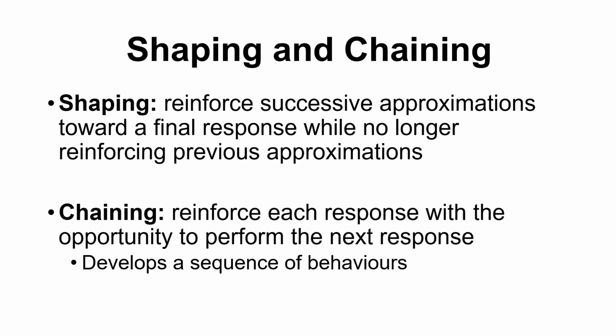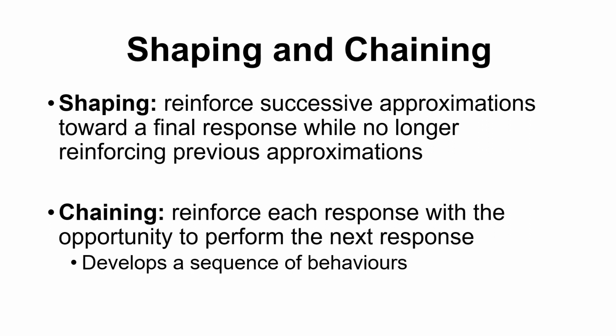So the process of shaping involves reinforcing successive approximations towards a final desirable response. So if we're trying to get a rat to press a lever, then maybe our first approximation is we'll reinforce the rat if they're facing the lever. So if they're in an operant box and they face in the direction where the lever is, we're going to give them food.